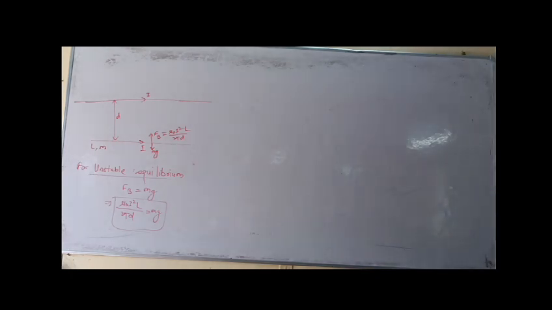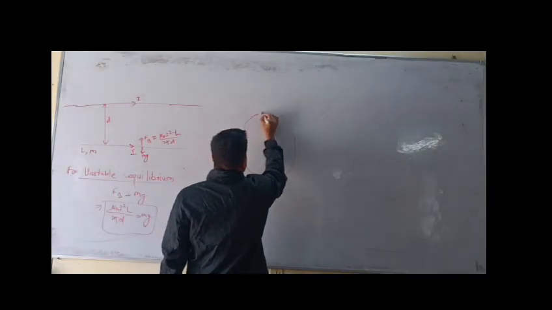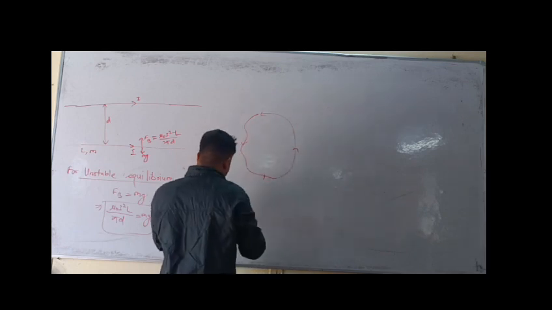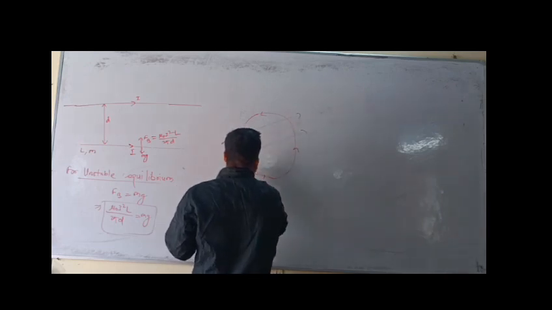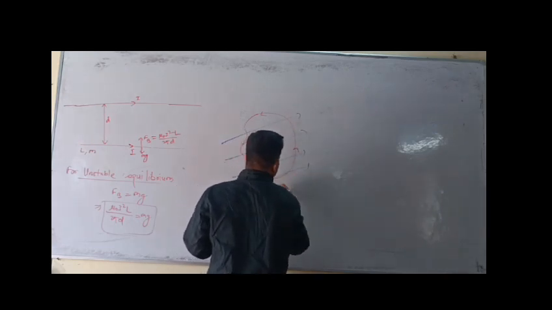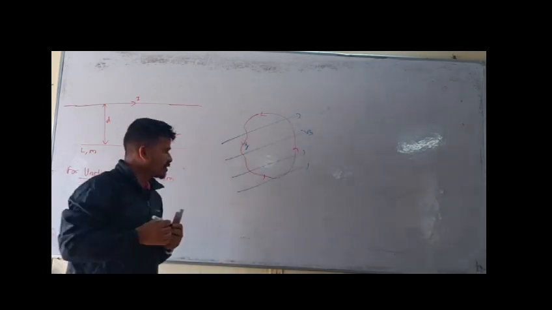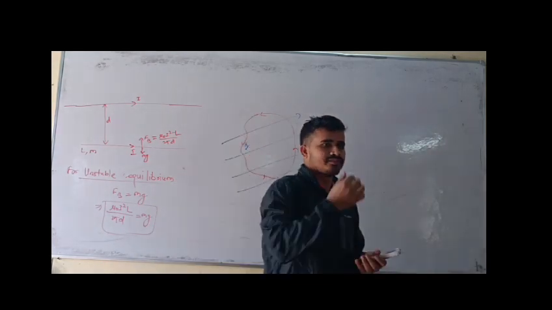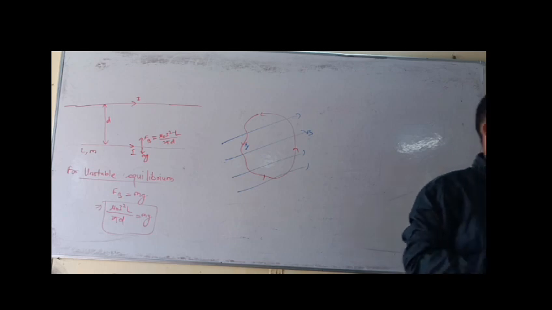Okay, this. If a wire is like this, a closed loop, placed in a uniform magnetic field, tell me the force on this loop. I current is flowing. What will be the force on the loop?